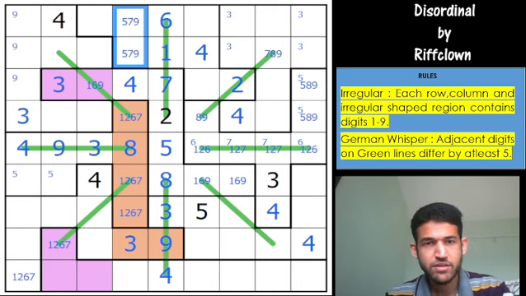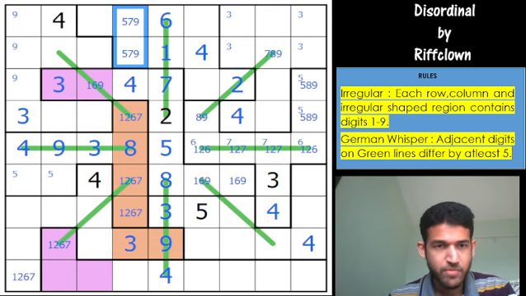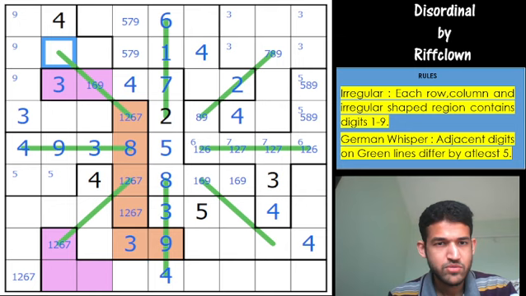So they must be 5, 7, 9. Okay, 2 can't go here. This is 1, 6, 7.